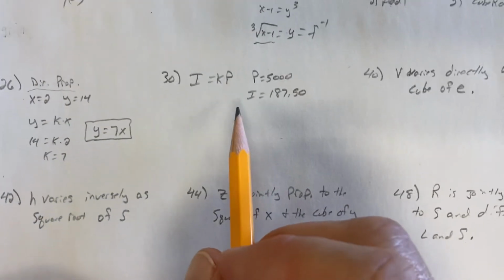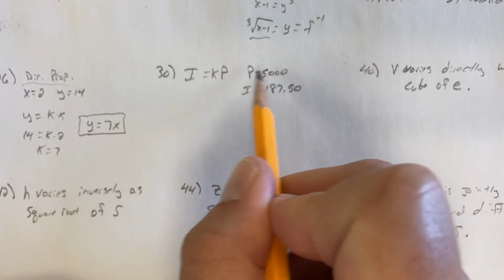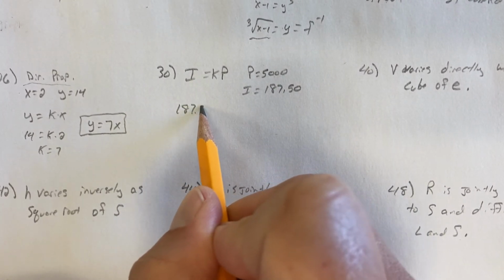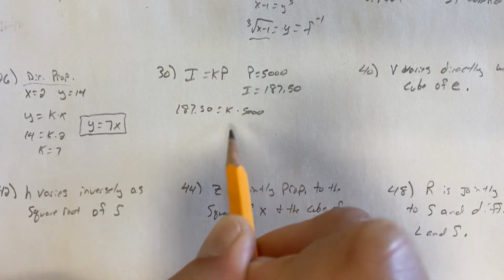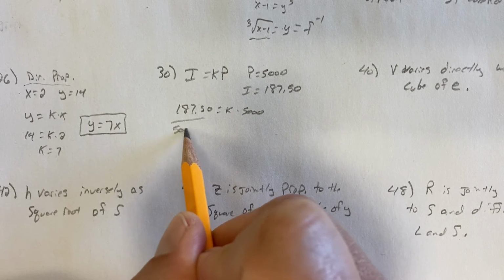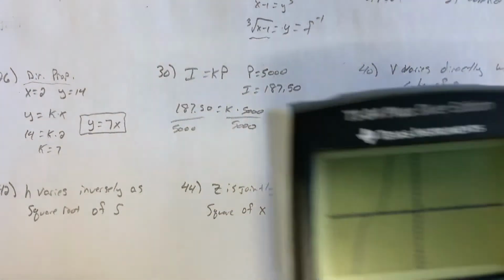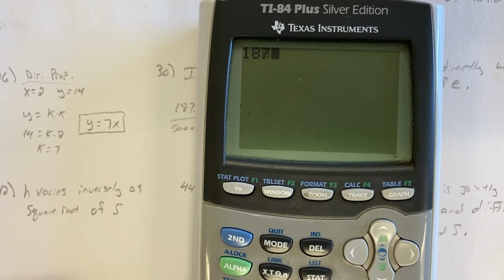All right? Similar idea here for 30. These were directly proportional. When we put $5,000 in the bank, we got $187.50 for interest. So let's take $187.50 equals k times 5,000. And now if we divide by 5,000, let's just take our calculator real quick and go 187.50 divided by 5,000.